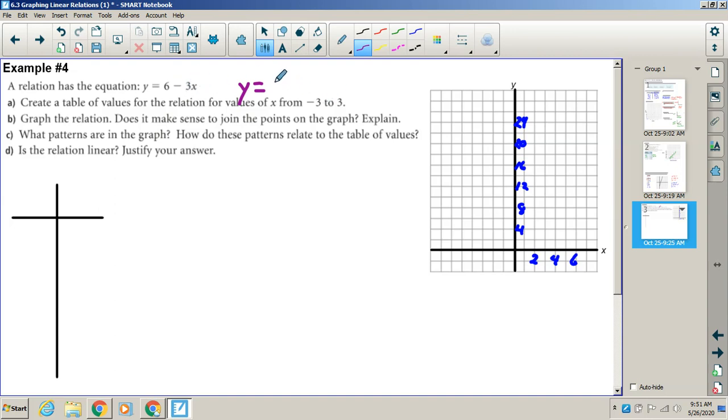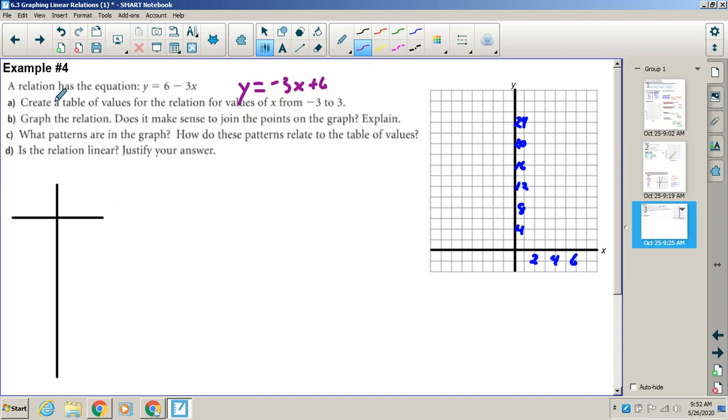So I could write this same equation as negative 3x plus 6. These are the same thing. So if this bothers you a little bit, then just write it like this, but make sure you attach that sign. That's negative 3x and positive 6. You could write it either way, and it will be perfectly fine.